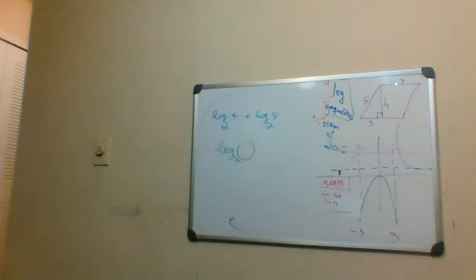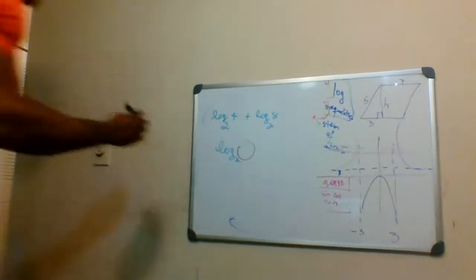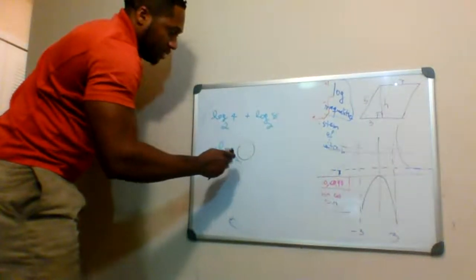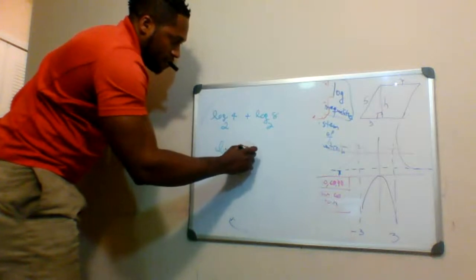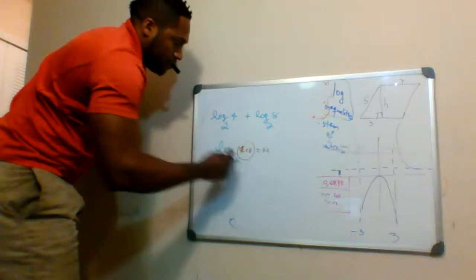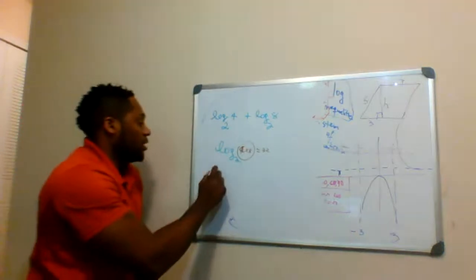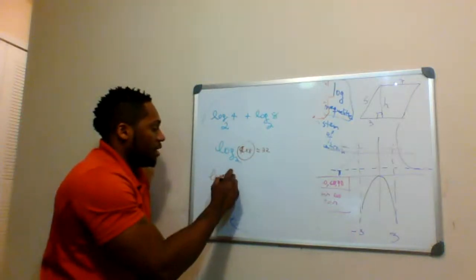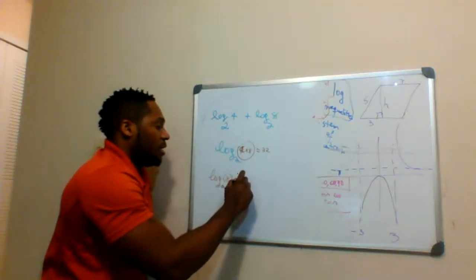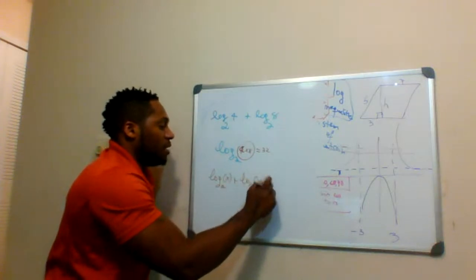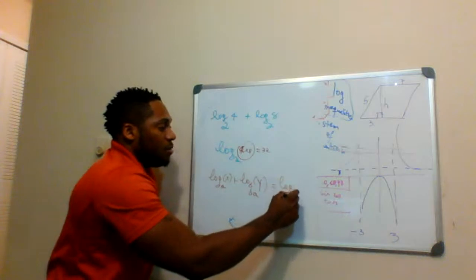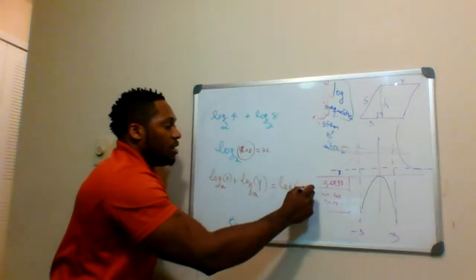Do you guys understand? 5. Okay, so who says 5? No, so what you do here is multiply 4 times 8. That'll give you 32. So you remember that property. That's what we're using here. Log base A of x plus log base A of y is equal to log base A of xy.